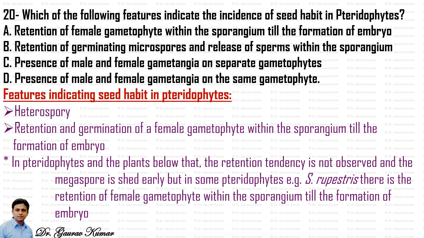This is the general condition. But in some pteridophytes, for example Selaginella rupestris, there is retention of the female gametophyte within the sporangium till the formation of the embryo. Now this is a characteristic feature for the incidence of seed habit. So our first option, that is the retention of female gametophyte within the sporangium till the formation of the embryo indicates the incidence of seed habit in pteridophytes, is correct.